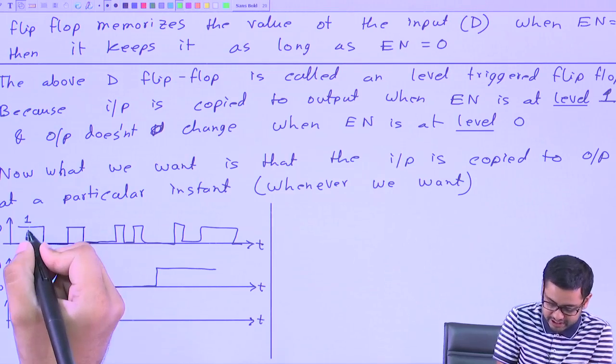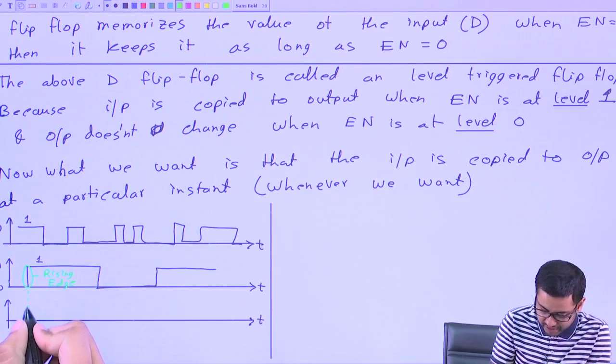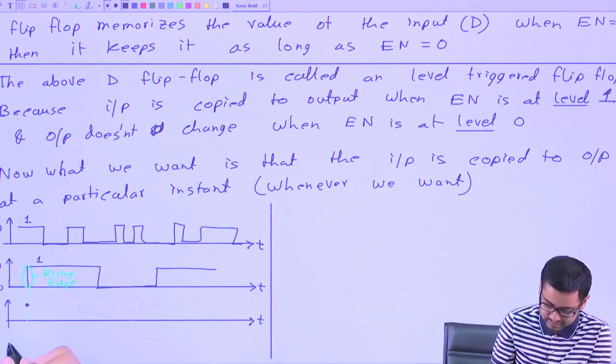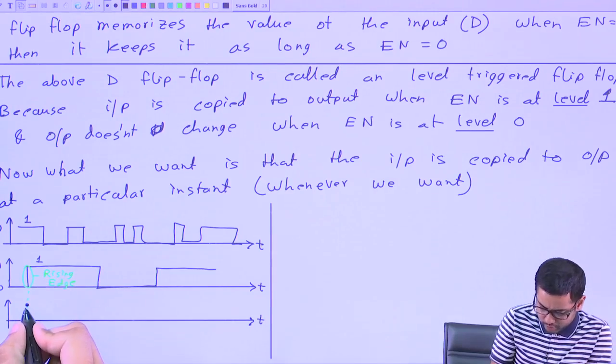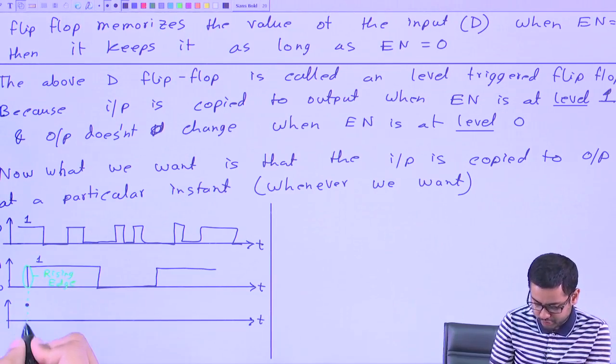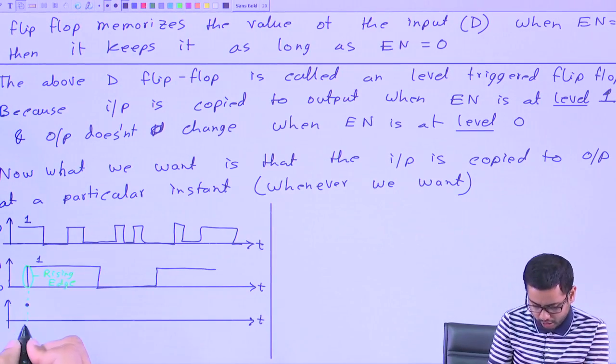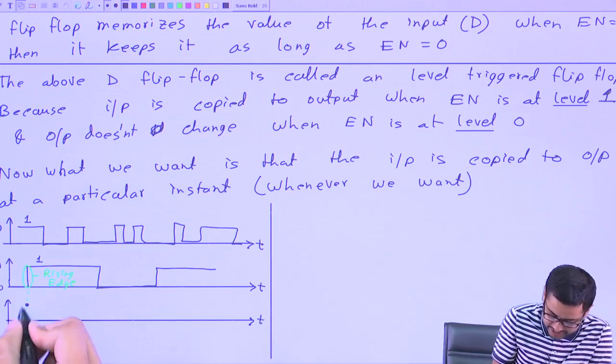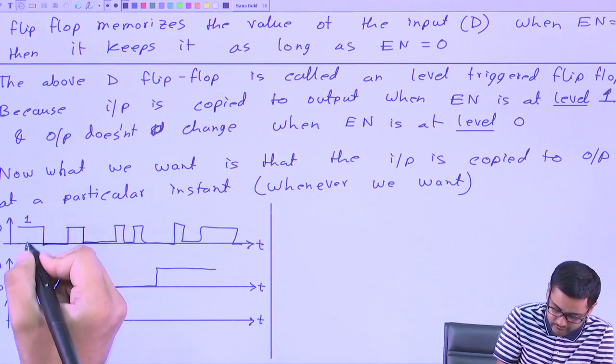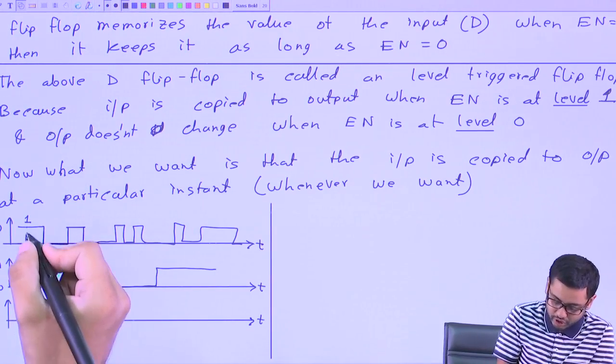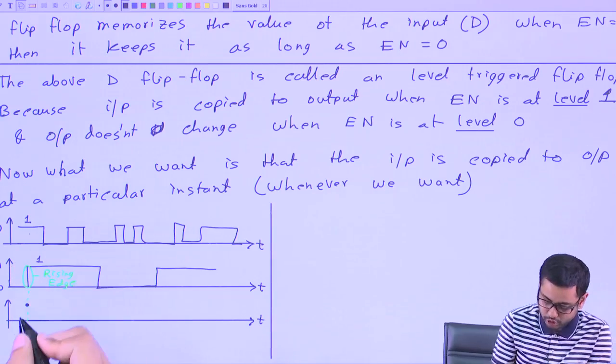Now, at this point D is equal to 1. So, Q will become 1 at this moment. We do not know what the value of Q was before this. It could be 0 or 1, but at this moment it should become 1, because at this moment D is equal to 1.